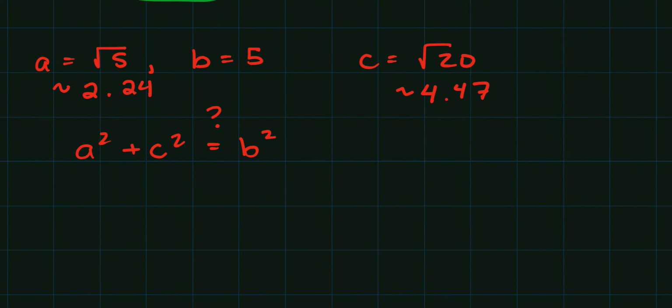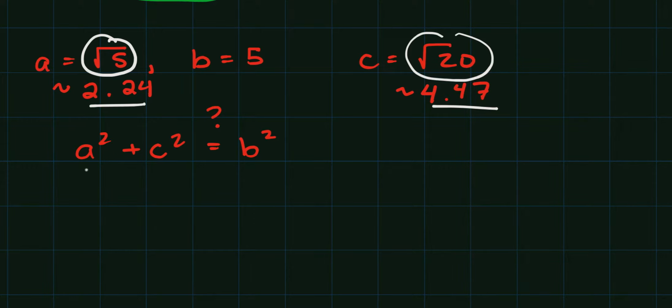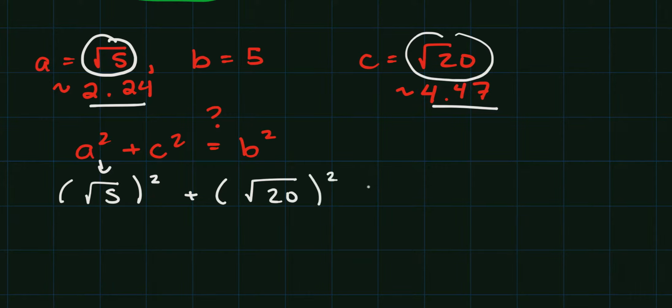So, I'm actually going to use the exact measurements, because if we don't use the exact measurements, then we will run into a problem. We won't get the exact numbers because we're using estimates. This is a rounded number, so we're not going to use these. So A is the square root of 5. I'm going to square that. I'm going to add it to C squared, which is the square root of 20 squared. Is this equal to B squared? Well, B was 5, and we're going to square that.